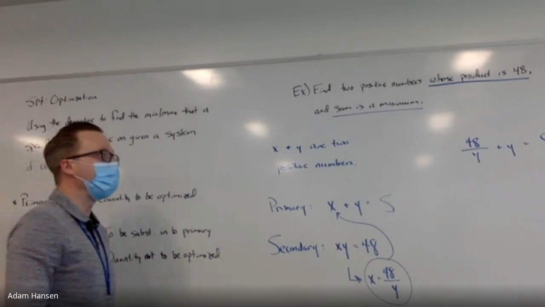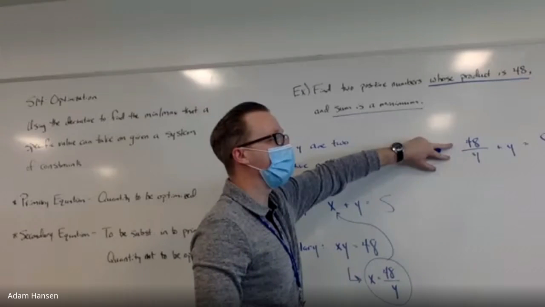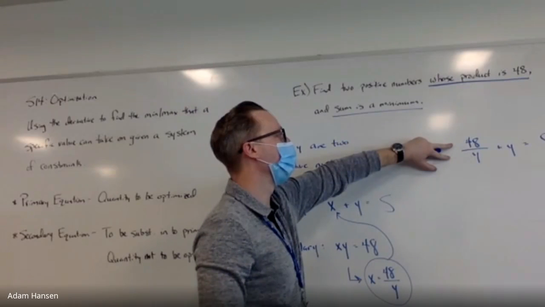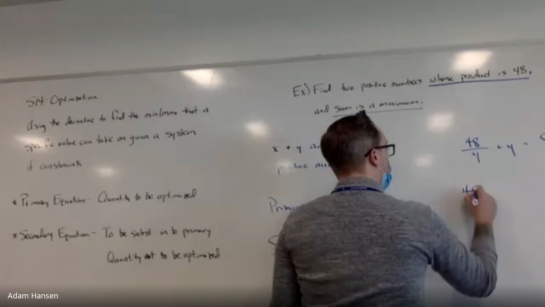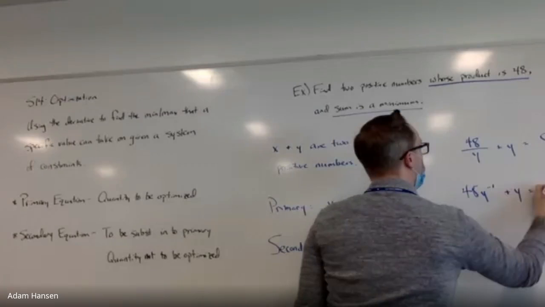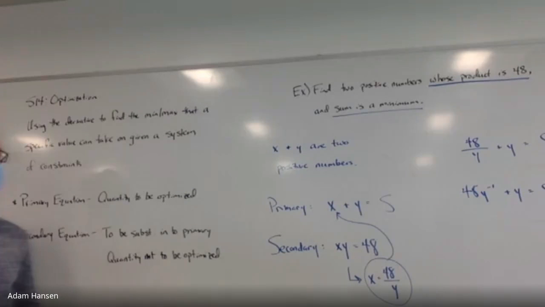Now let's take the derivative. This is what I want to find the minimum value of, what I want to make as small as possible. So I'm going to find the derivative and set it equal to 0 to find the critical numbers. Really, let's write this as 48y to the negative first. What's the derivative of 48y to the negative first?